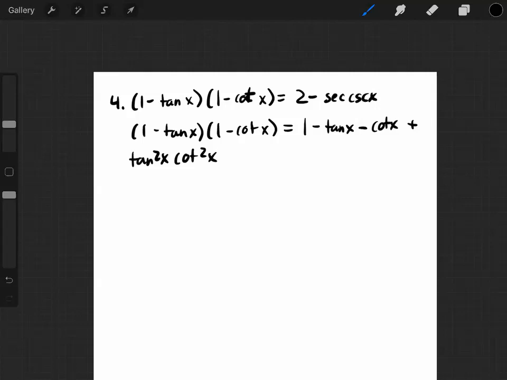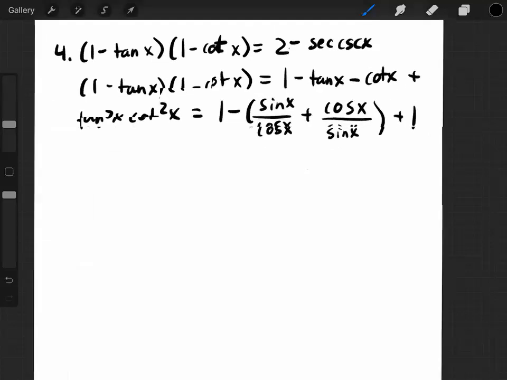So we end up with 1 minus sine x over cosine x plus cosine x over sine x plus 1. Now we can multiply to get a common denominator.